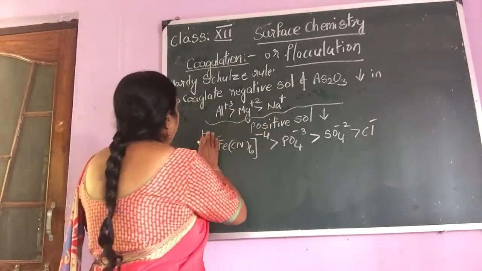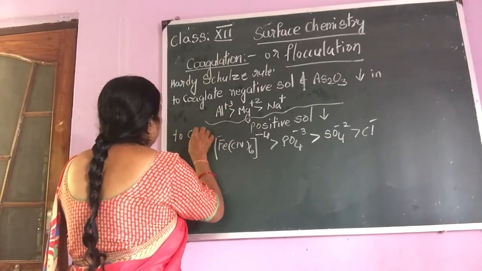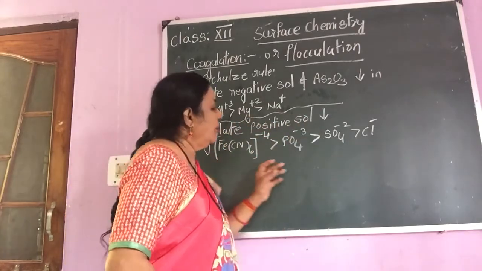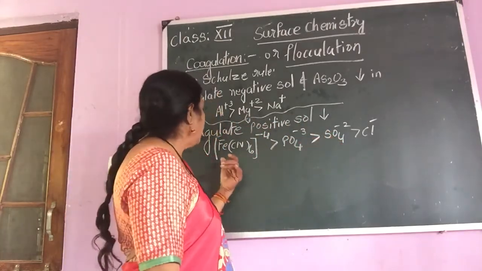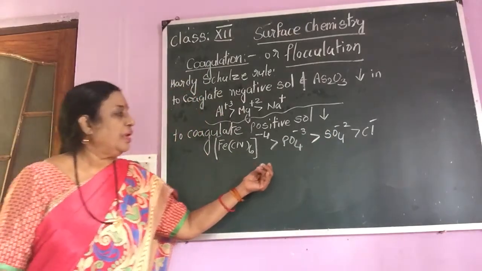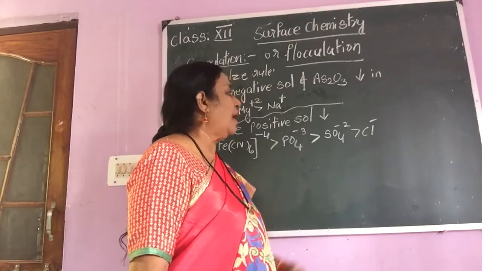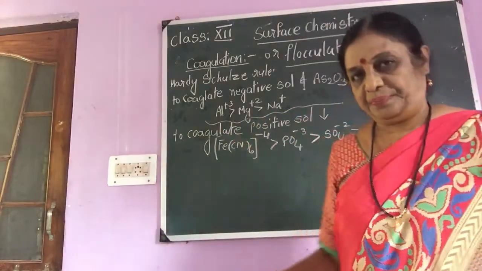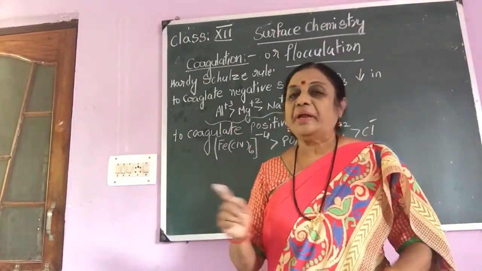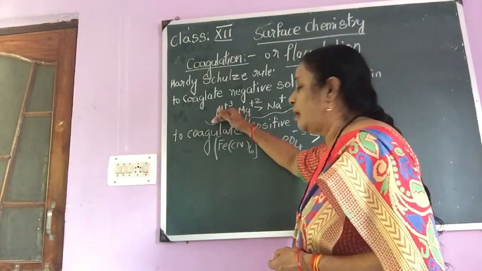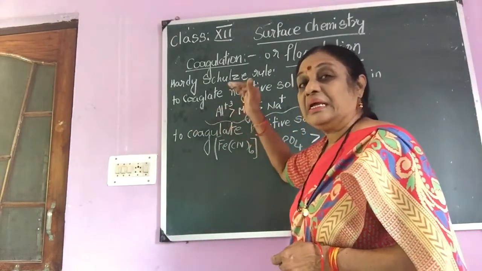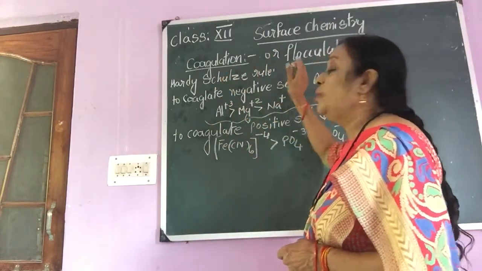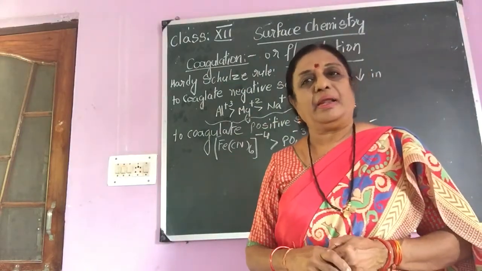And to coagulate the positive sol, the decreasing order of the electrolytes is [Fe(CN)6]4- greater than 3- greater than 2- greater than 1-. Irrespective of whether it is positive or negative, try to understand, children, greater the charge, greater will be the coagulating or flocculating power of an electrolyte.